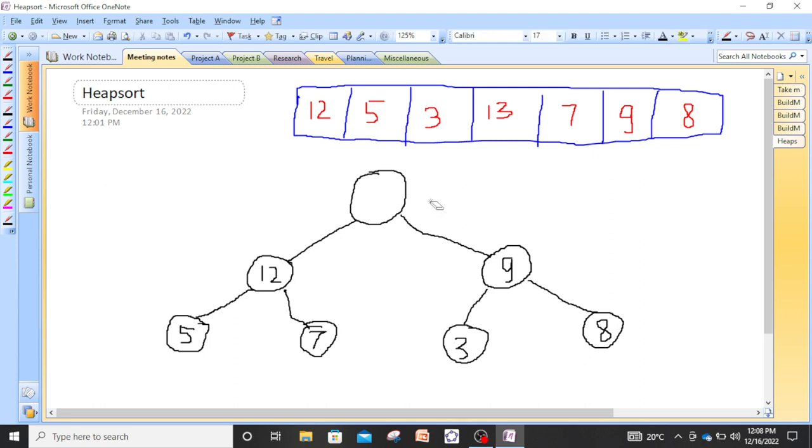So at the root node there is no number, so there is no meaning to keep the circle, because I have removed that value 13.